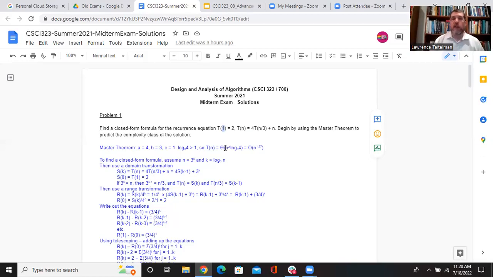On the test, are we allowed to leave it as log base 3 of 4, or do we have a calculator? Because I would never know. Right, so you would not need to know in your head that log base 3 of 4 is 1.27. If I asked you between which major complexity classes it falls, you should know that it's between 1 and 2. That much I would expect you to be able to do in your head.